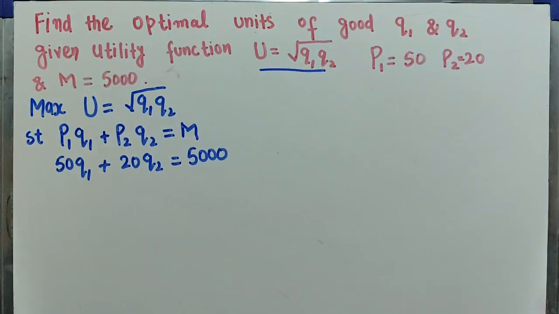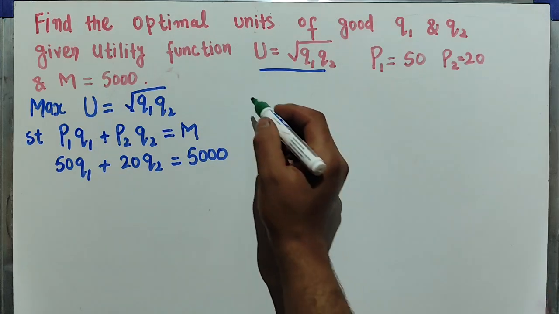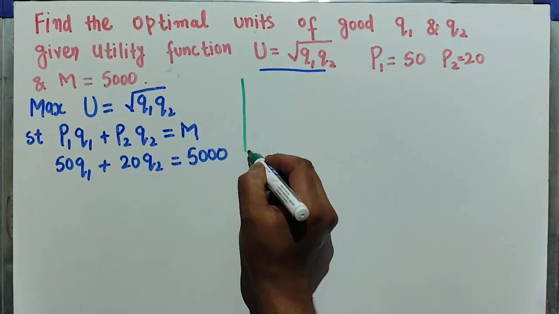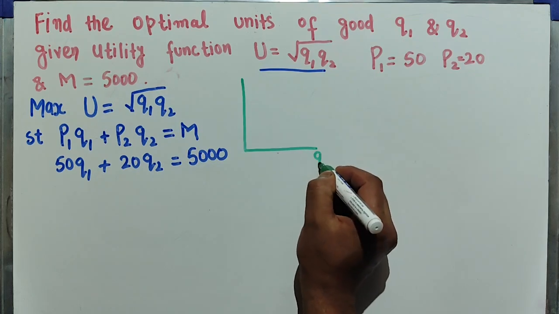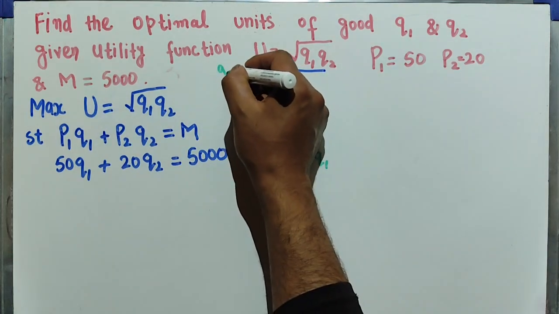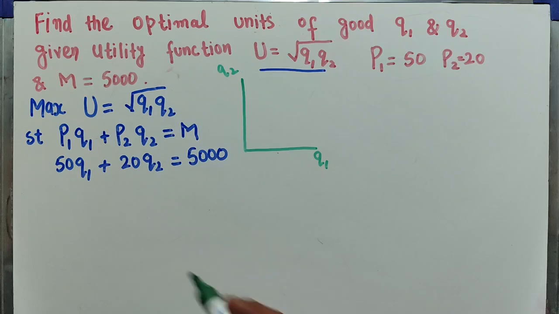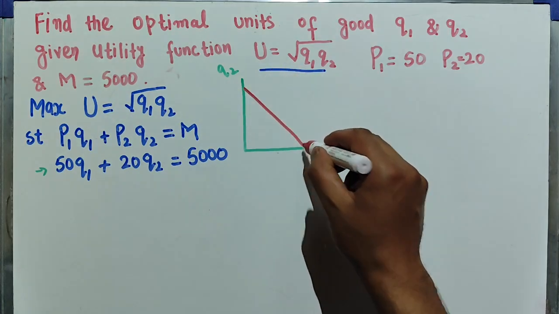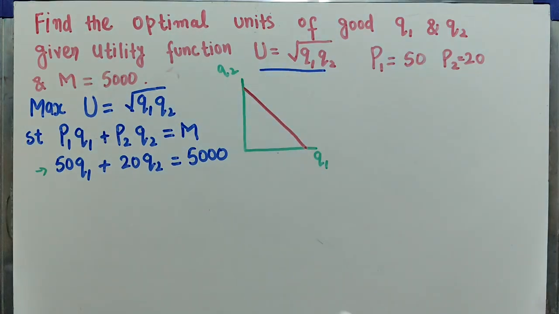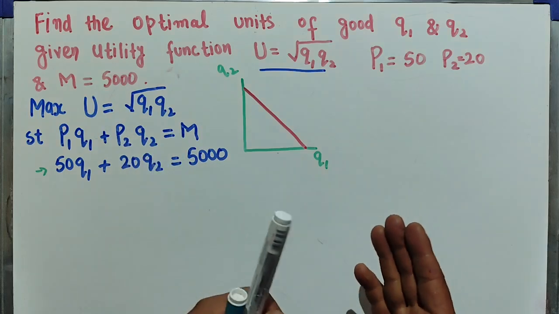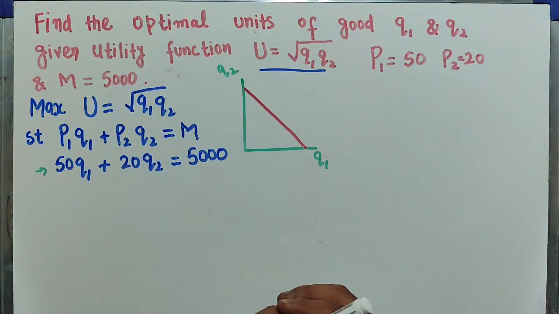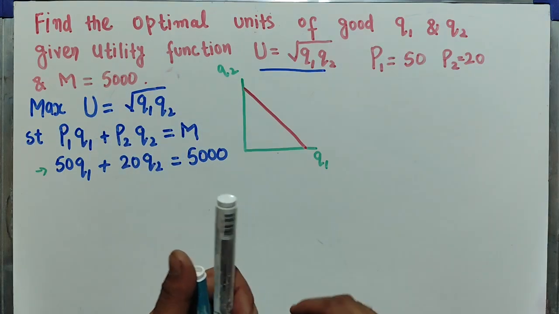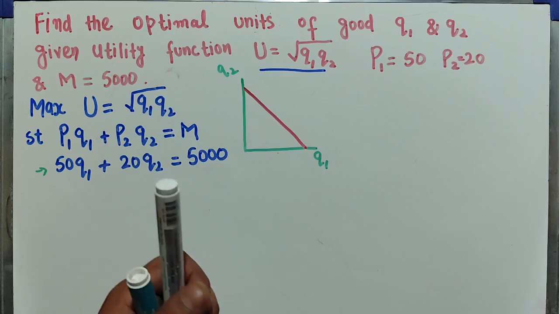Graphically, what exactly is meant by this? Let me draw a simple graph here. Let us say we have Q1 on the horizontal axis and Q2 on the vertical axis, with the given budget line drawn like this. With the given budget, the consumer wants to maximize his utility. Graphically, it means the consumer wants to reach the highest possible indifference curve.